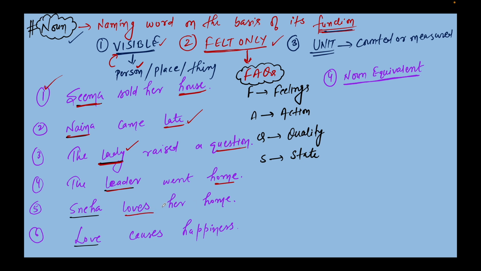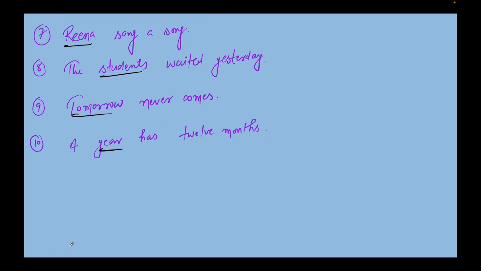Love, basically it is a verb here, but still it can only be felt. Home, visible category. Love can only be felt, so it comes under the category of felt only. Happiness can also be felt, so it also comes under felt only.